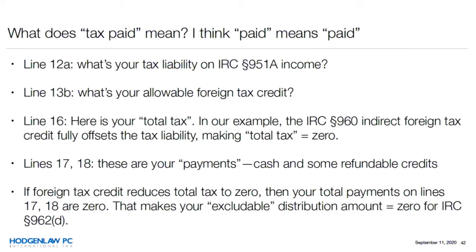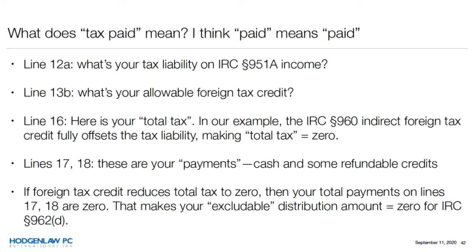That means the excludable amount of the distribution, the dividend that you received, is zero for calculating under Section 962(d) how much is included in gross income, therefore taxable as dividend income, and how much is excludable.